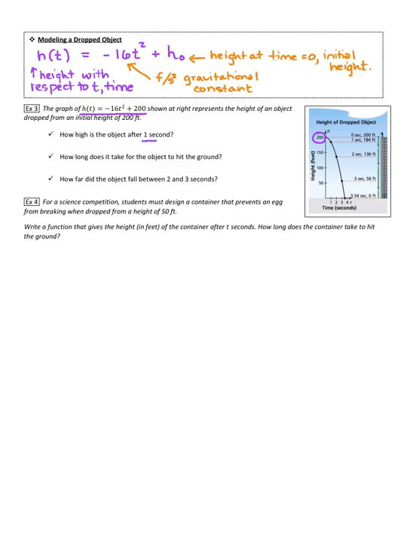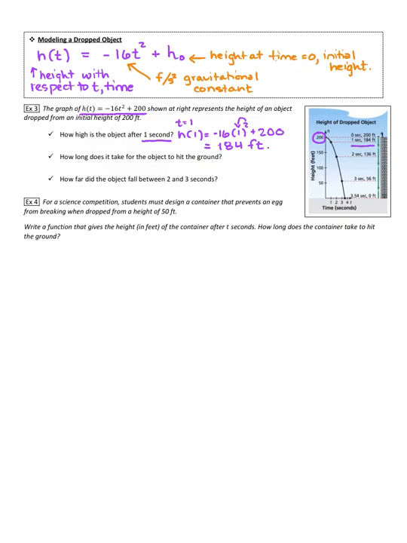But we know here time is 1 second. So we're going to plug in 1. So h of 1 is -16 times 1 squared. Remember, 1 is the only thing we square, plus the 200. So basically that's 200 take away 16, which you can see right here, is going to be 184 feet. And because these are problems in a context, you should try and include units in your answer.